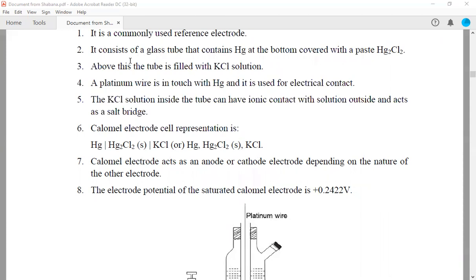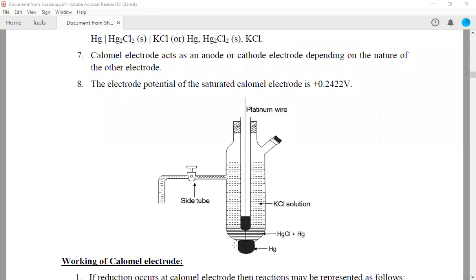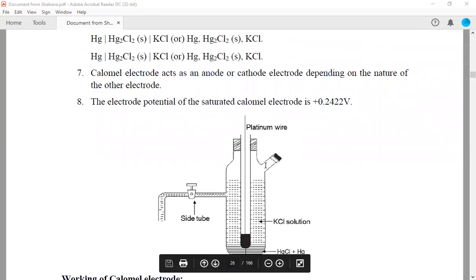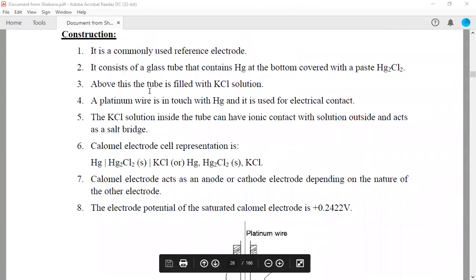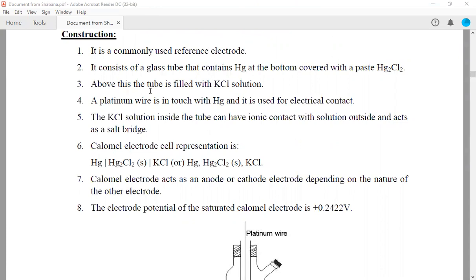Here, it consists of a glass tube that contains mercury at the bottom, covered with a paste of Hg2Cl2, as I told you now. Above this, the tube is filled with KCl solution. The platinum wire is in touch with the mercury, as it is used for the electric contact.